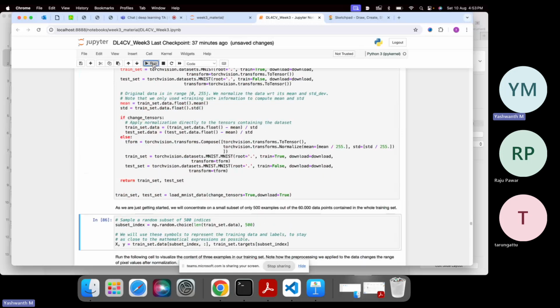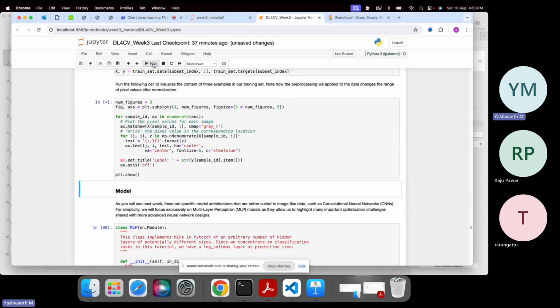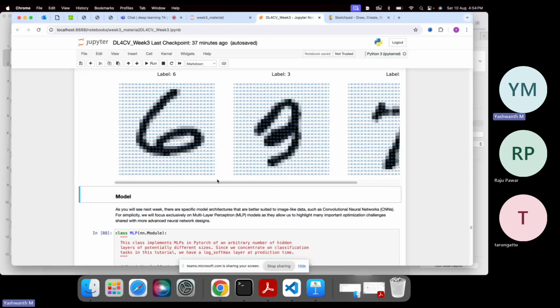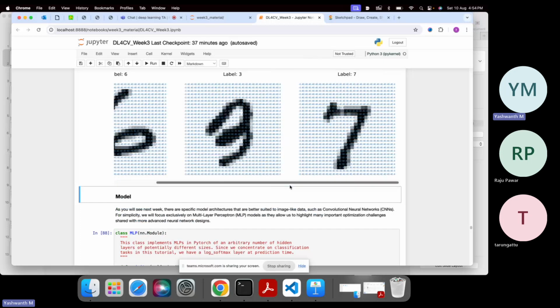I will show how this data set looks. Just give it a minute. It's loading. So these are the sample images that have been loaded, like 6, 3, and 7.